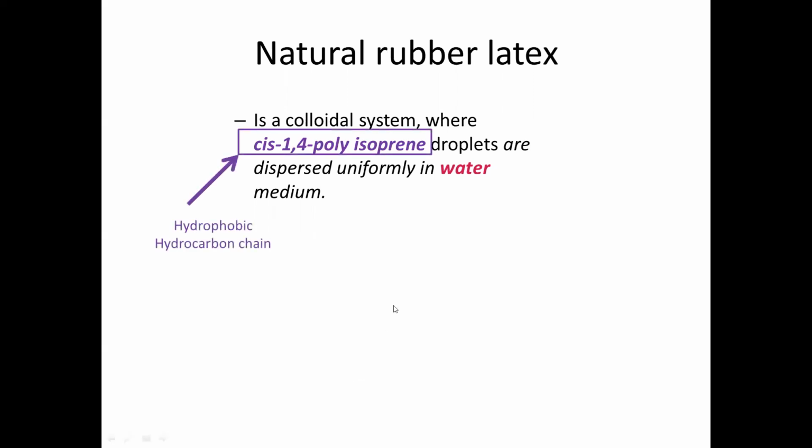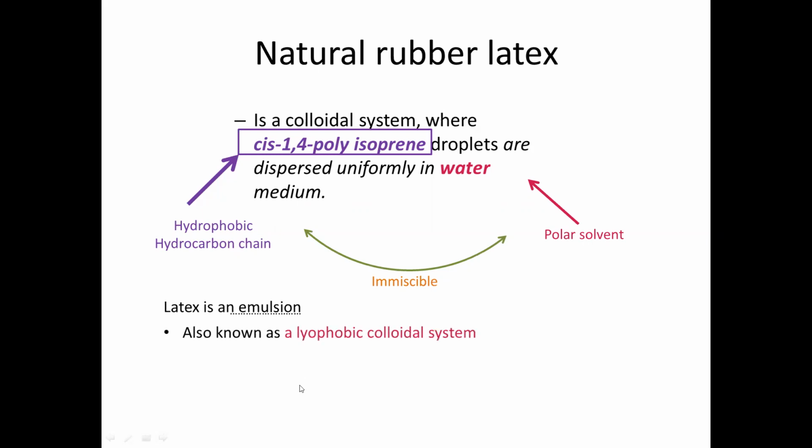This cis-1,4 polyisoprene is a hydrophobic hydrocarbon chain, whereas water is a polar solvent. So these two immiscible liquids form a colloidal system. So the latex is an emulsion.